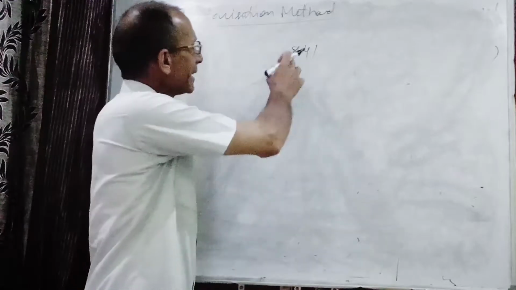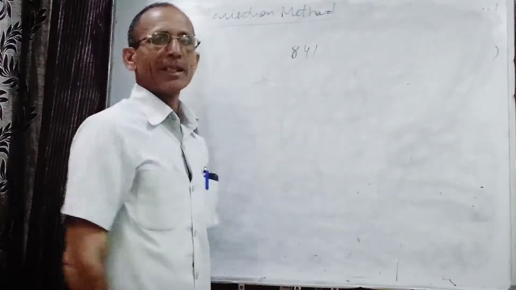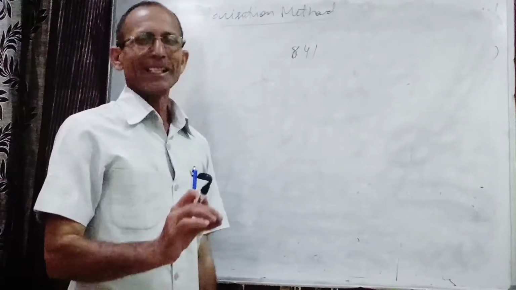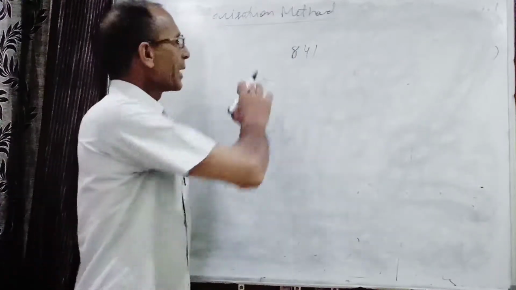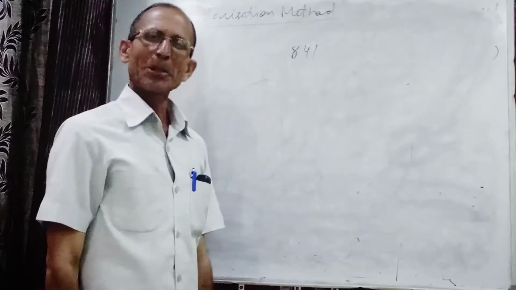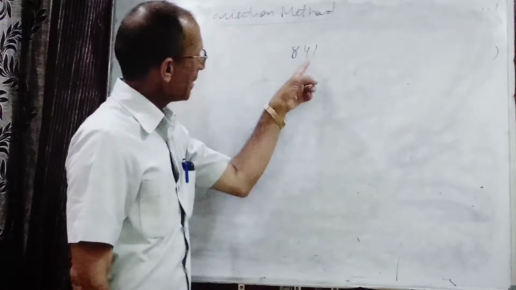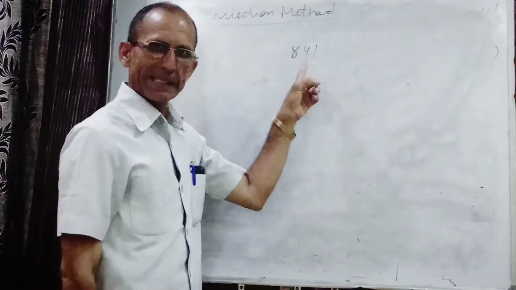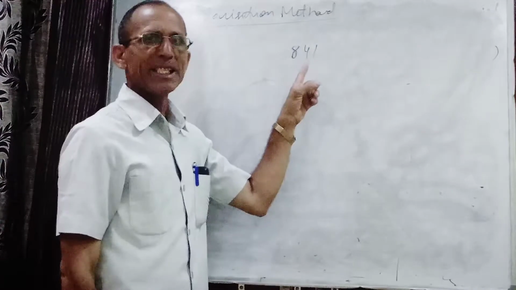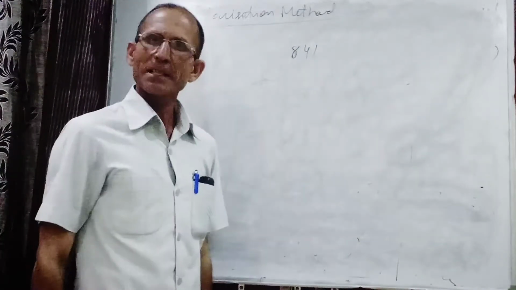Now I will check whether this is divisible by 3 or not. This is a little bit difficult, because we can't directly see that this is not divisible by 3. You know the divisibility test for 3: if the sum of the digits is divisible by 3, then the whole number will also be divisible by 3.